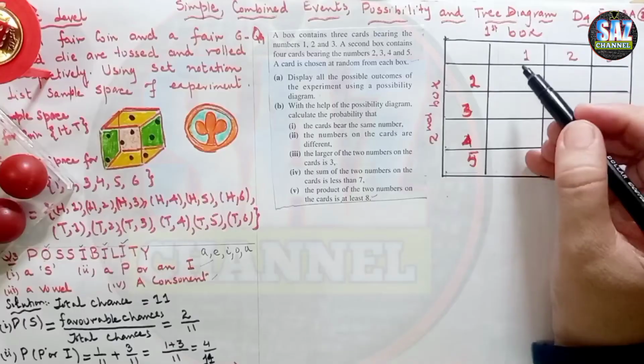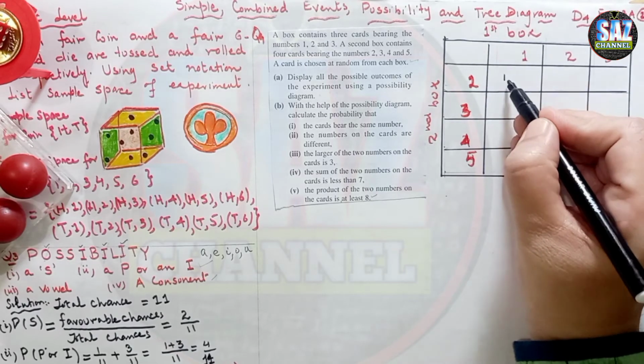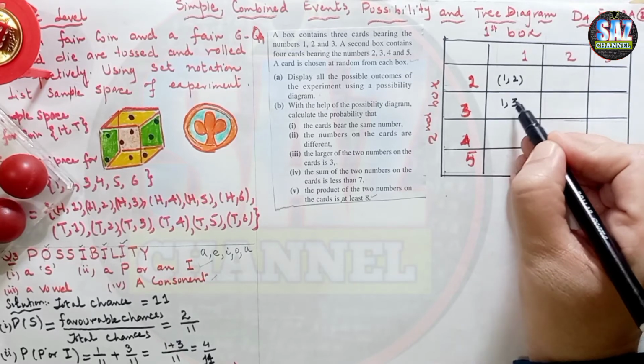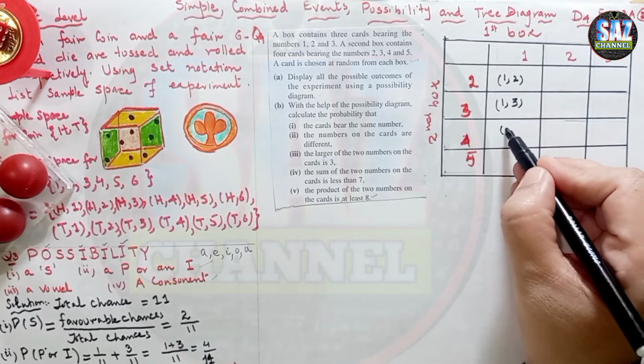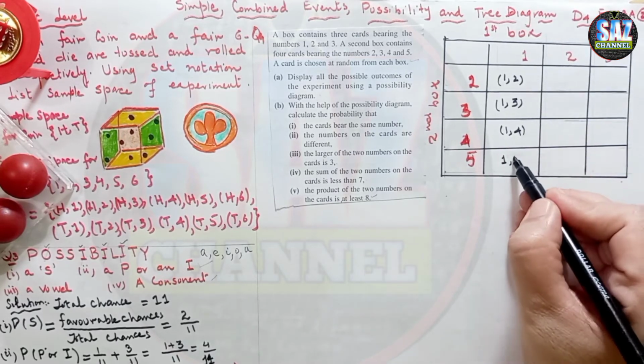Okay, so let's move to the solution of the question, and let's first think about how to construct the possibility diagram. In order to construct and draw the possibility diagram, we have to write the outcomes of box 1 and box 2 in this way. And now we have to write the possible outcomes: 1 with 2, 1 with 3, 1 with 4 and 1 with 5.